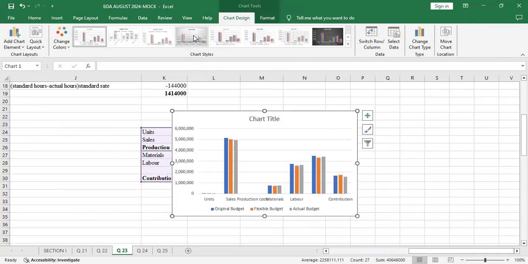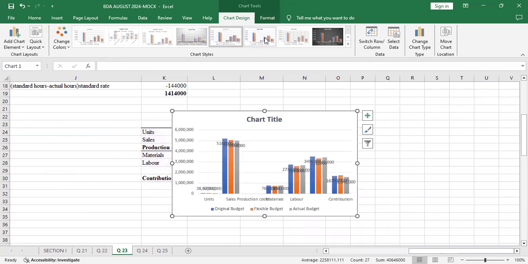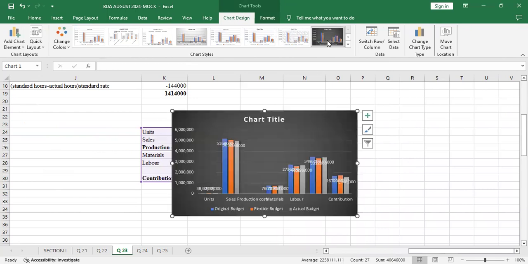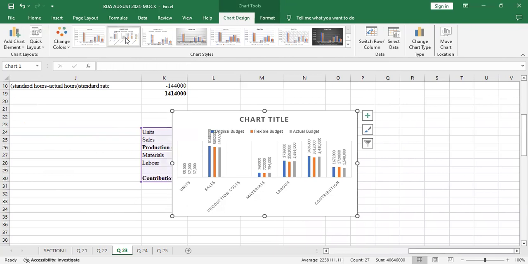You can choose from any of the varieties. Let me choose this one, these are a little bit more presentable, with the values.